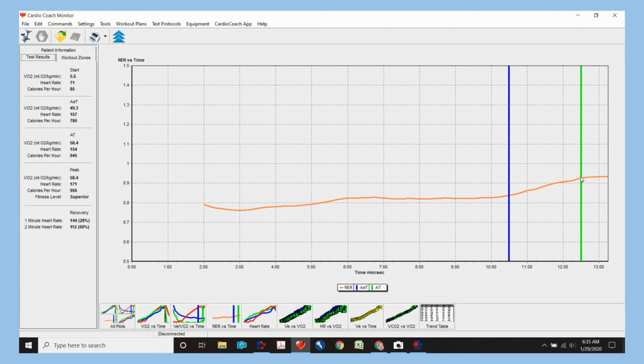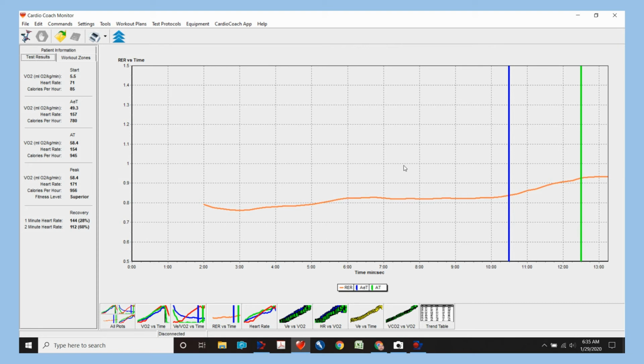That's probably for other reasons. We wouldn't probably trust that. But what we would say here is that even as an athlete, our test did not push them far enough to reach their maximum effort level. This is still way under 1, so not a max.